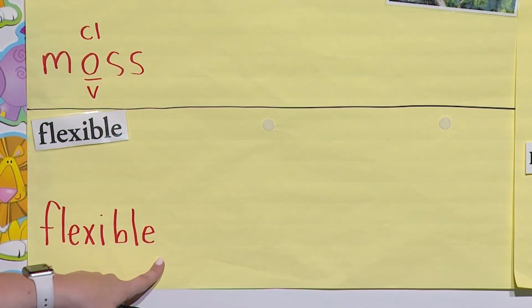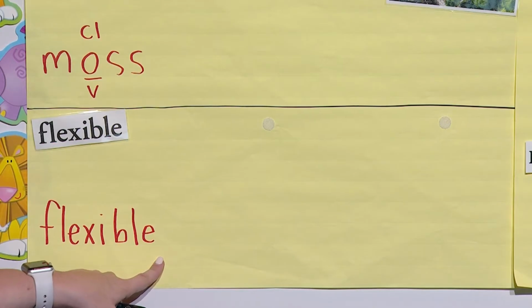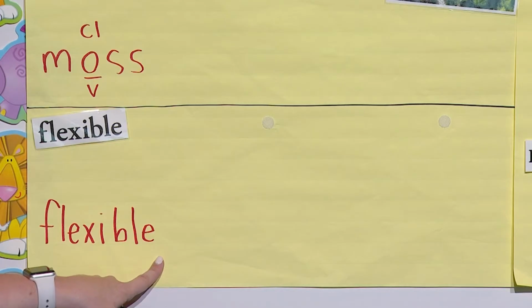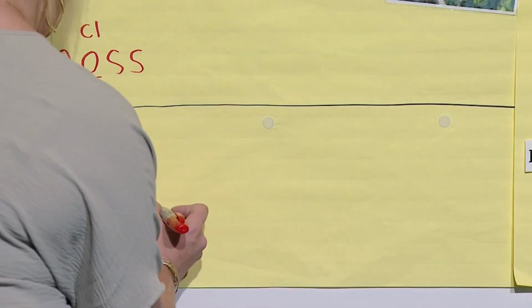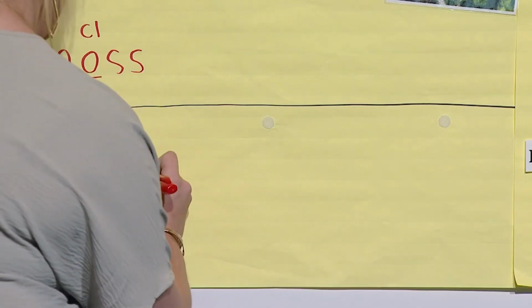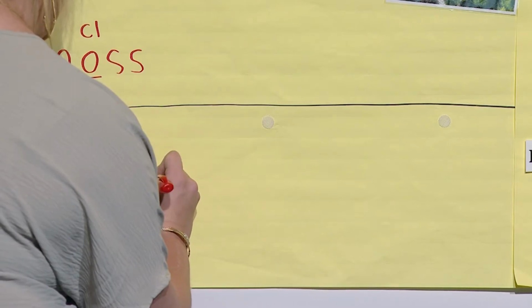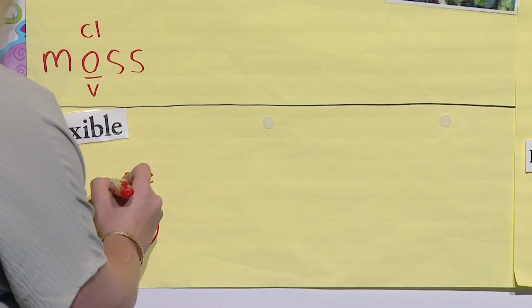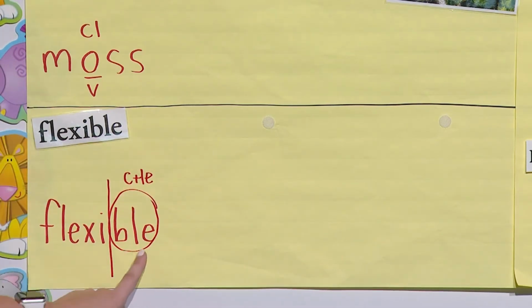This is a final separate syllable that we usually identify first. Do y'all remember what we call this type of syllable? Yes, we call this consonant plus LE. So let's circle this final separate part and label it C plus LE. We're going to go ahead and draw our division line to help us remember that this is a separate syllable.